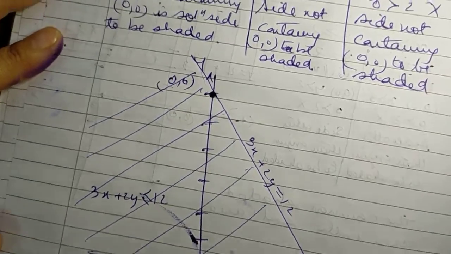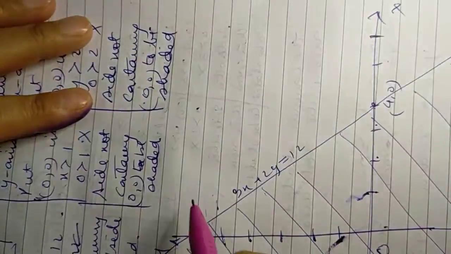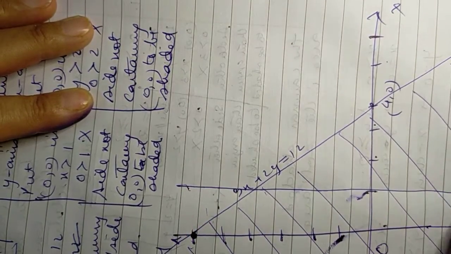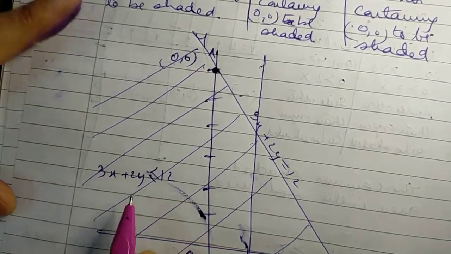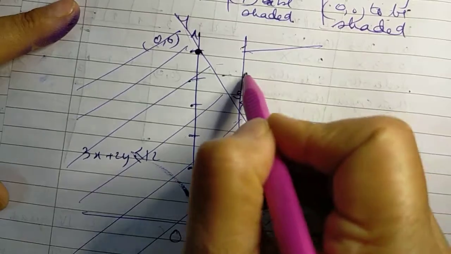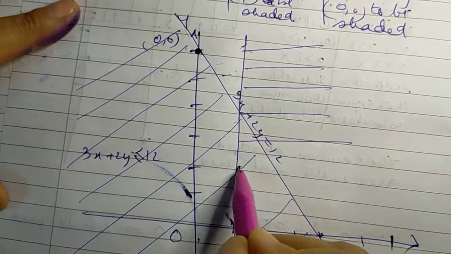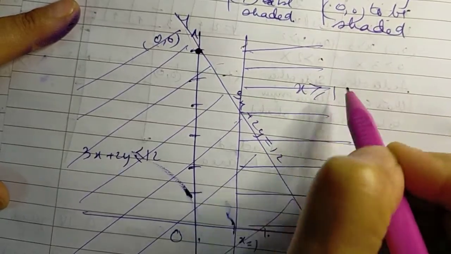Now we draw the straight line x equal to 1. x equal to 1 is a line parallel to the y-axis passing through x equal to 1. The side not containing the origin is to be shaded. So this is the portion which is x greater than or equal to 1.